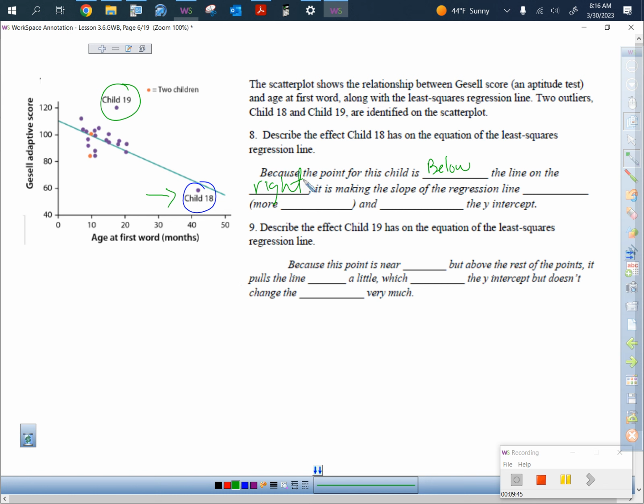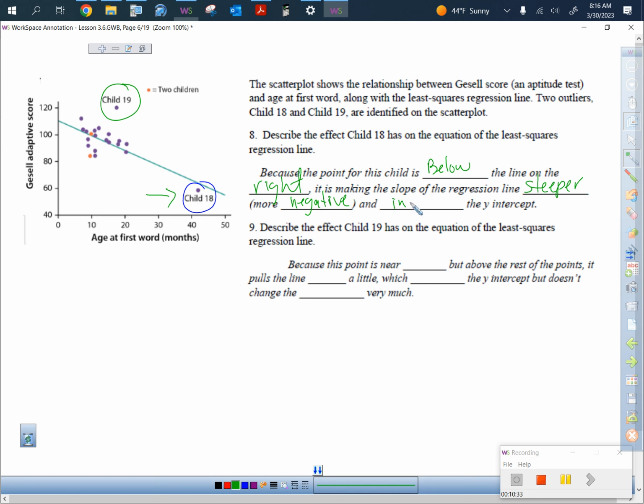It kind of just sucks it down, makes it negative. So let's see what this says. It's making the slope of the regression line steeper. This is really, really steep, and this is really, really flat, so it's making it steeper. So more negative is what the drop-down will ask for. Because it was negative, it's going to make it more negative in that case.